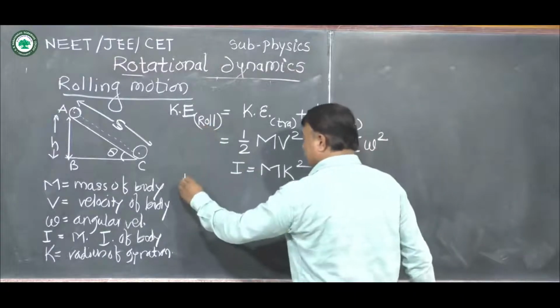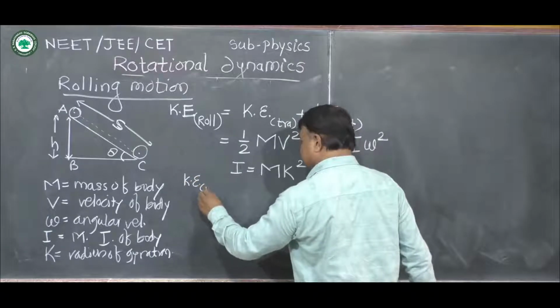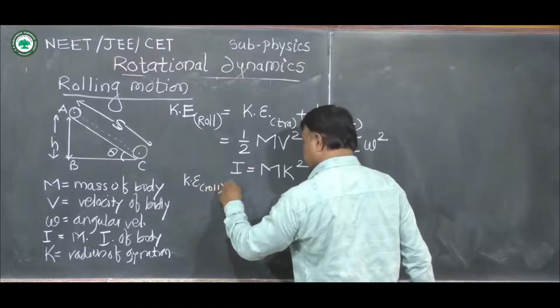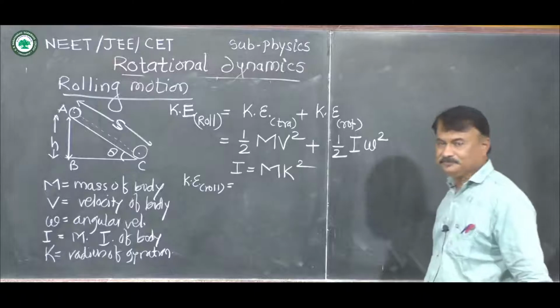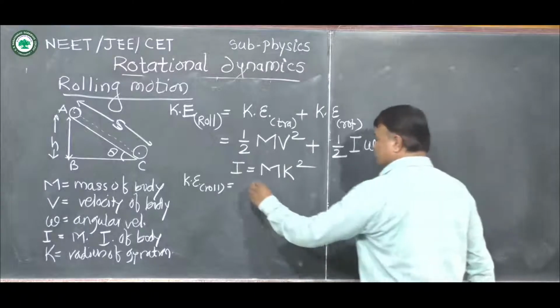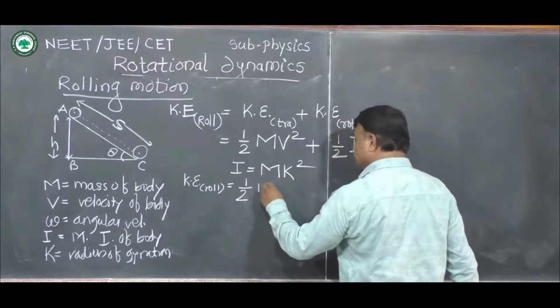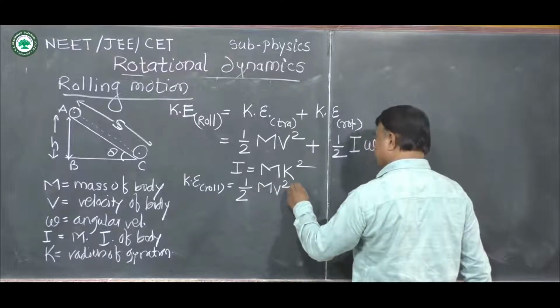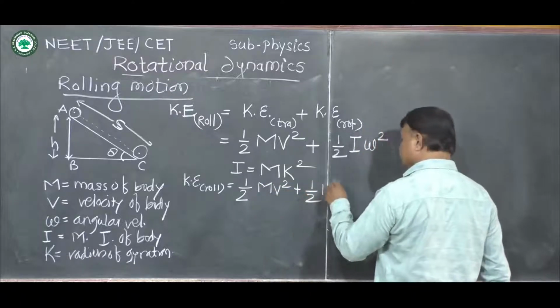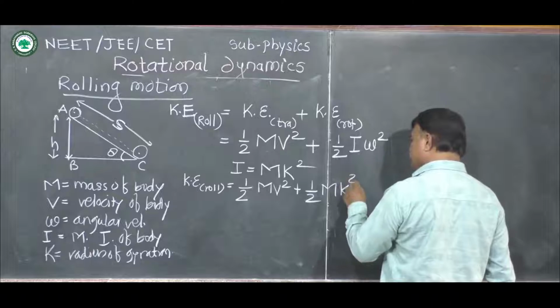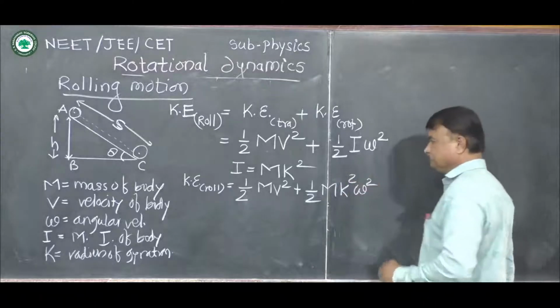So we get the kinetic energy of the rolling body equal to half mv square plus half mk square omega square.